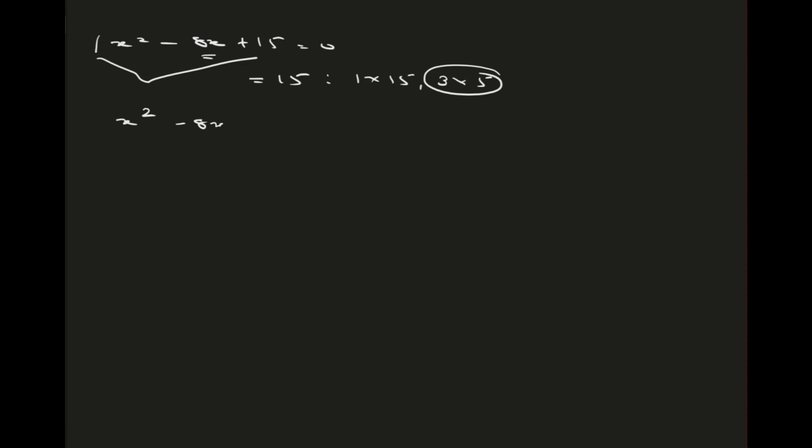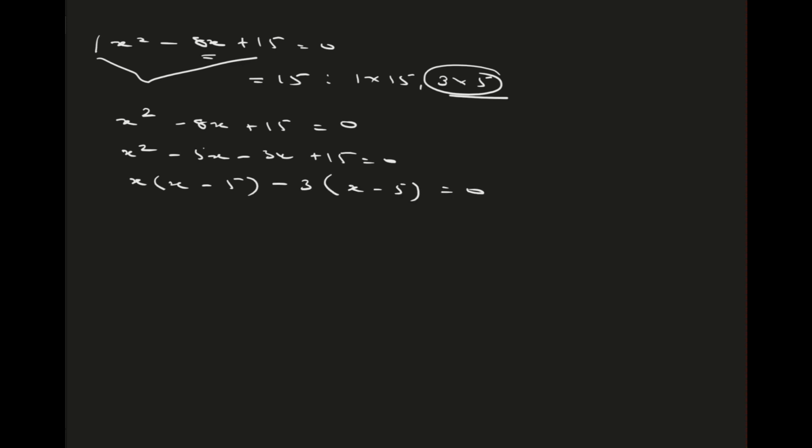Keep in mind that we're coming to replace with these factors. So we have x squared minus 5x minus 3x plus 15 equal to 0. Now we factor out x minus 5. Then here we factor out minus 3. Then we have x minus 5 equal to 0.